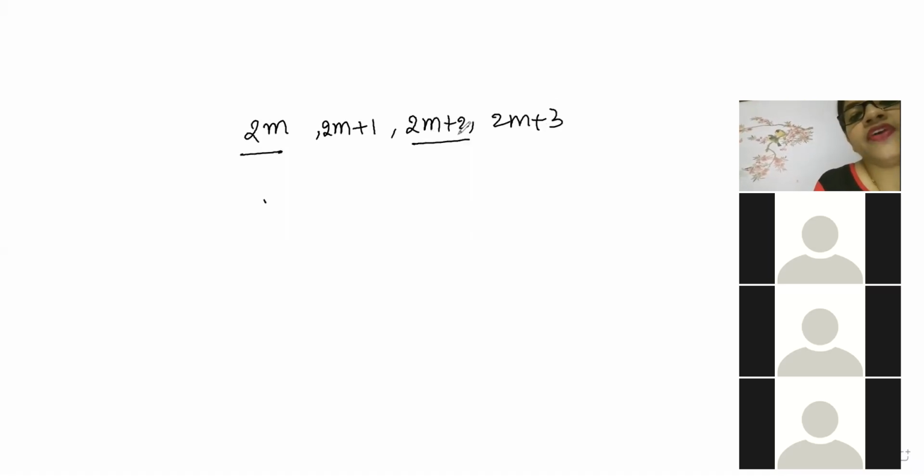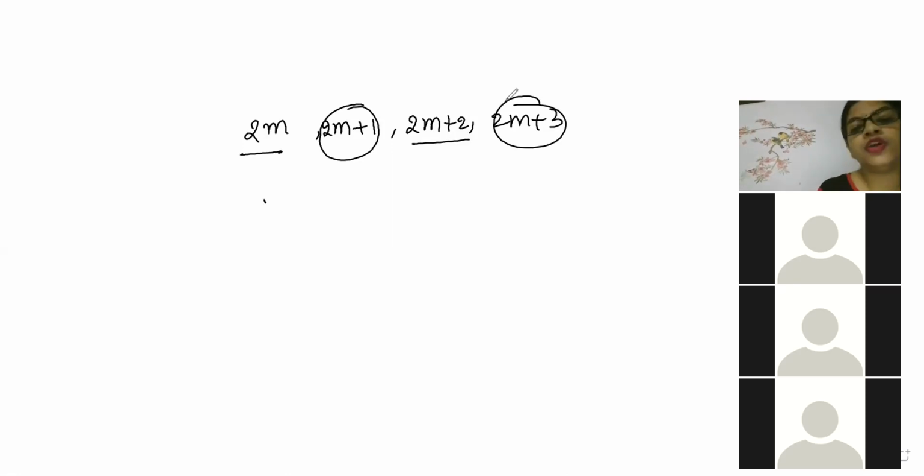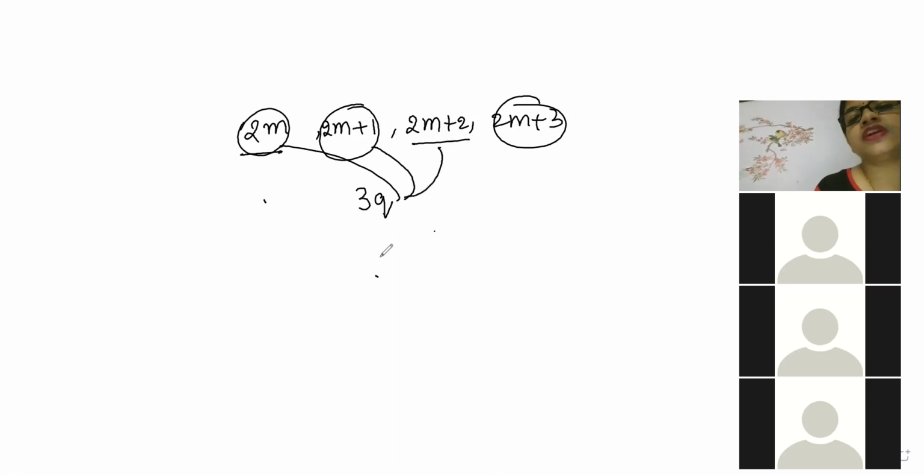A number can be 2M, 2M plus 1, 2M plus 2, 2M plus 3. Even, odd, even, odd. When you are writing 3q, then q one time will be having 2M even, then it can be considered odd also.